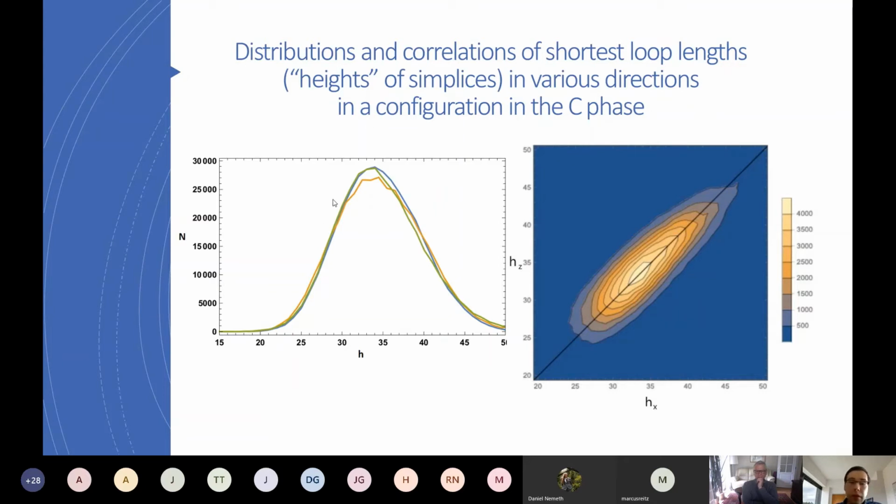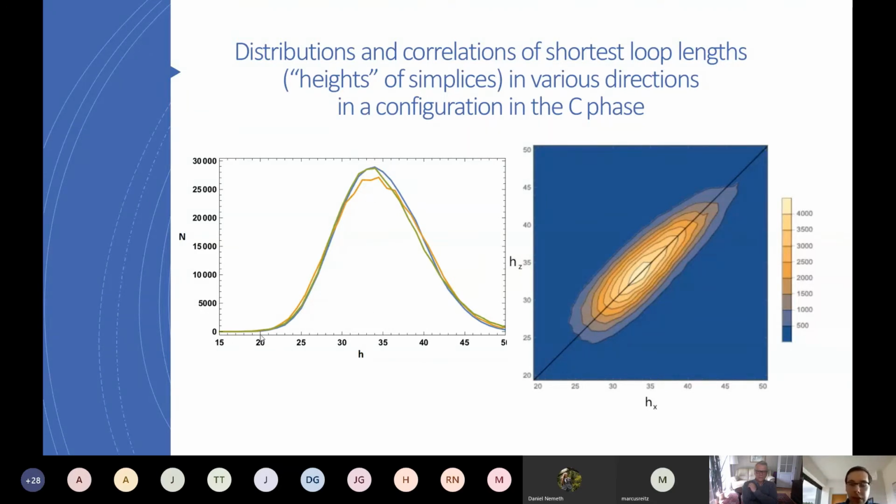For example, let's look at this histogram. The blue, green, and orange lines are the heights in the three spatial directions, so the length of the shortest loops passing through all simplices.